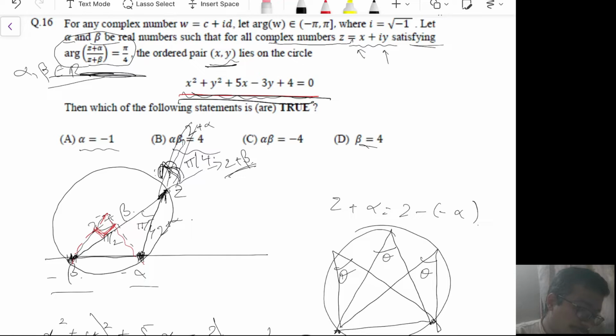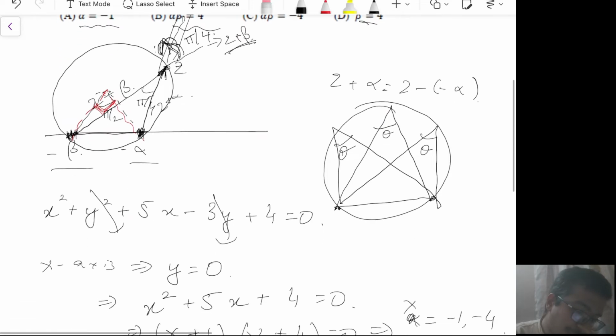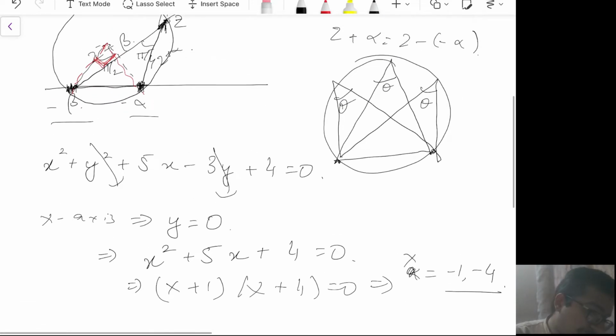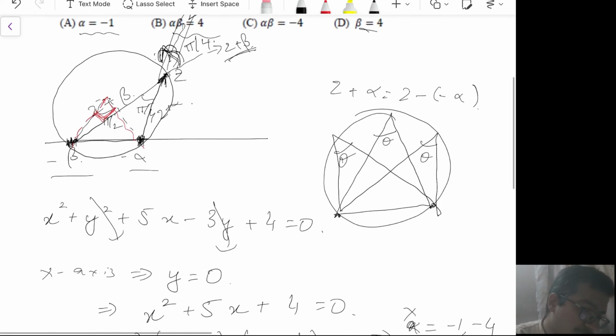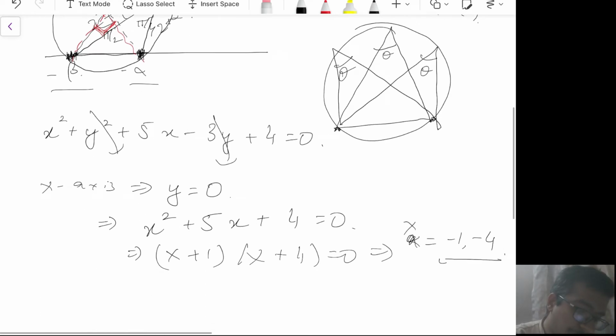Therefore we know that minus alpha must lie to the right and minus beta must lie to the left. So here we know that x can be either minus 1 or minus 4, right? So these are minus alpha and minus beta points.